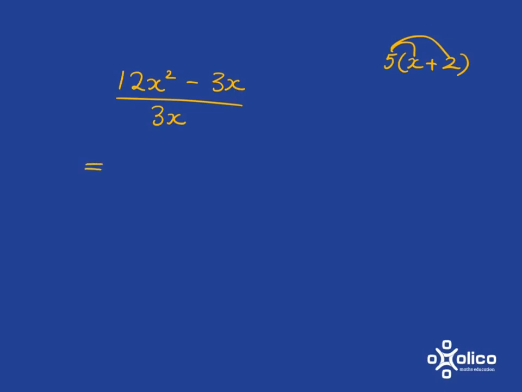So, to make it completely clear, I'm going to say this 12x squared needs to be divided by the 3x, and this 3x needs to be divided by the 3x.